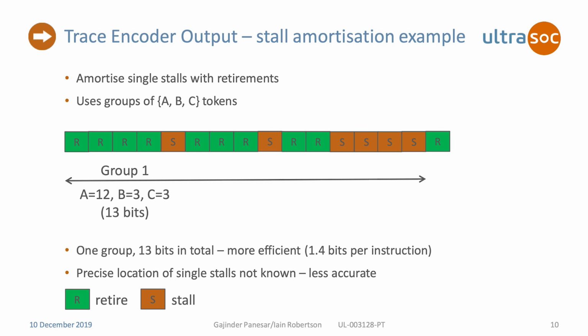The B token is what we call missed opportunities. In this case, there were 3 cycles where we stalled that were amortized into the A count, but where we didn't retire an instruction. So here we can see over a 12-cycle period, there were 3 missed opportunities, equating to a total of 9 instructions retired over a 12-cycle period, followed by a stall.